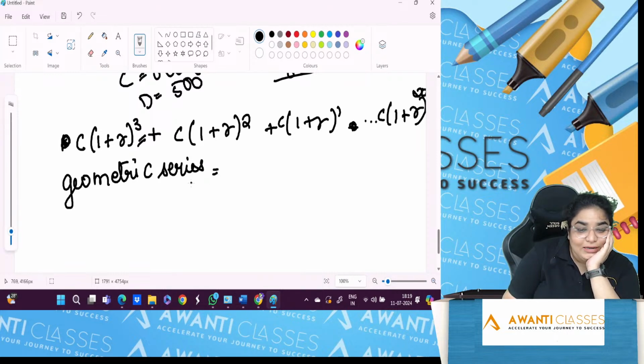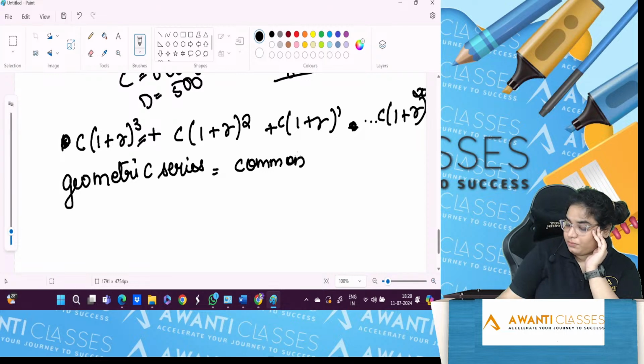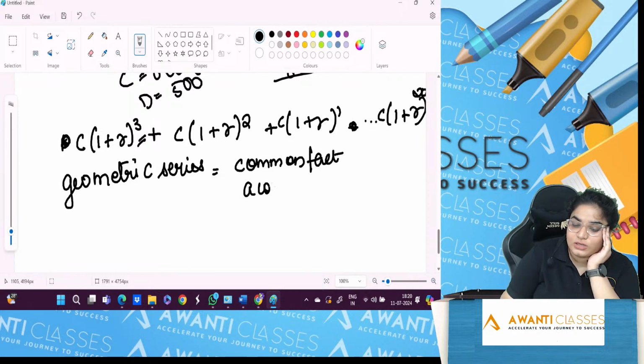Do you remember geometric series? There is one common factor here and a constant.